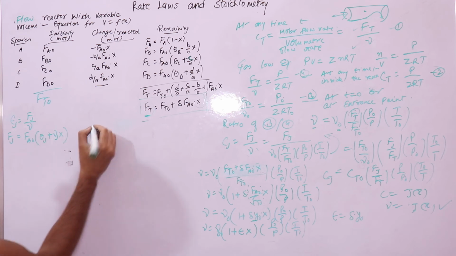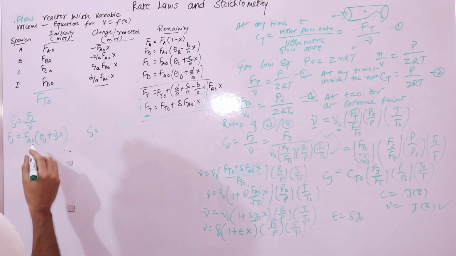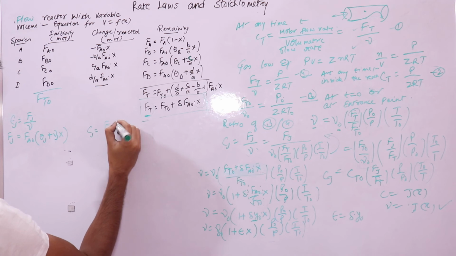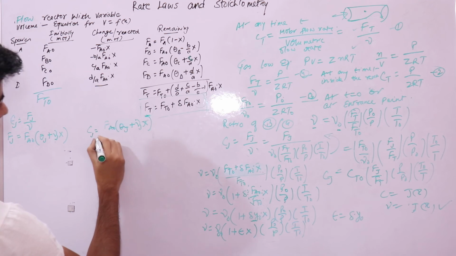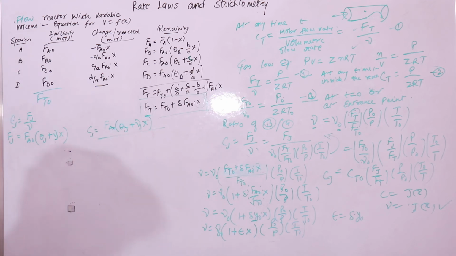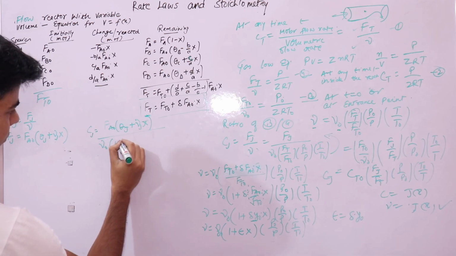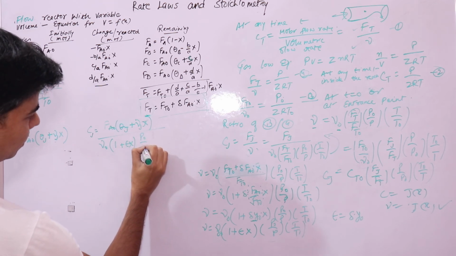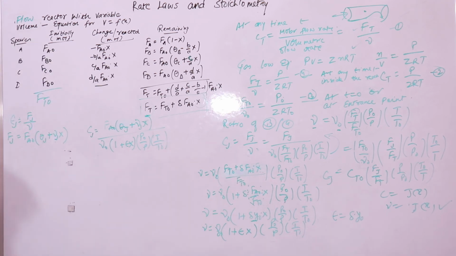So here the concentration will come out to be Fj, which would be FA0, 1 plus epsilon x, p0 upon p, T upon T0, right?